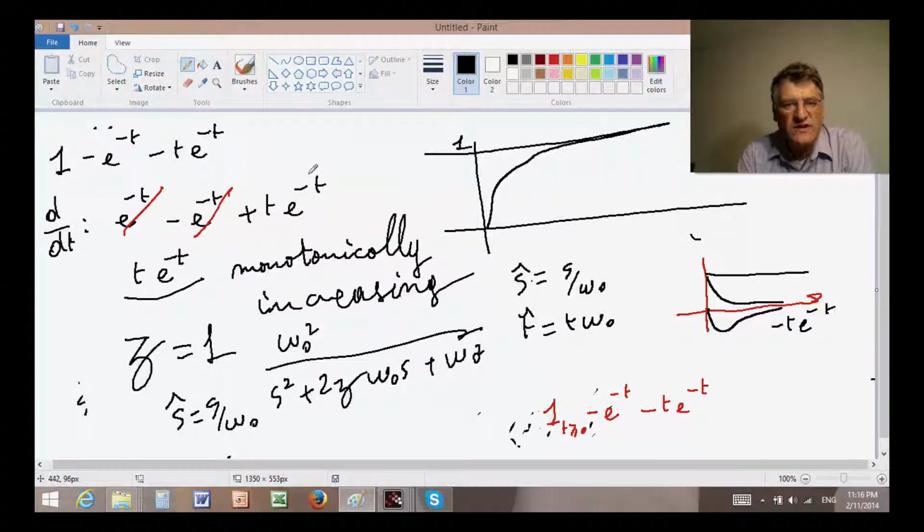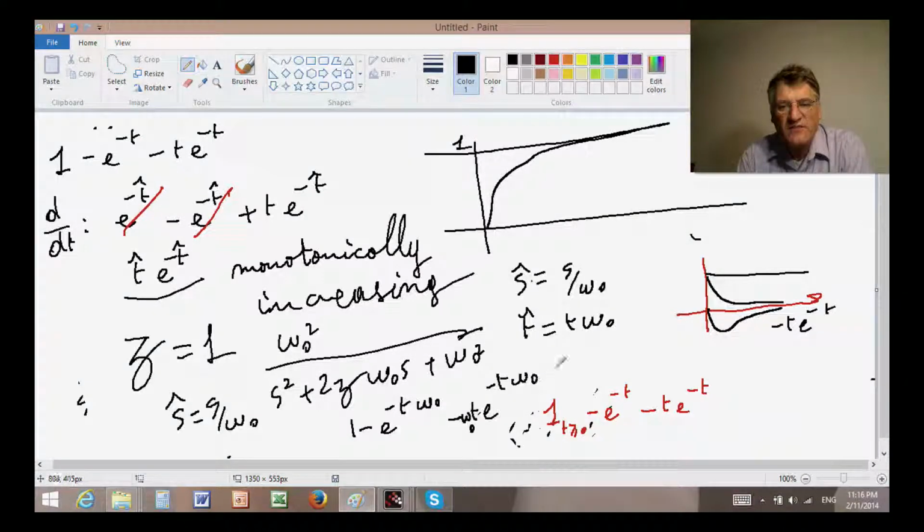So really the response that we have here is in terms of t hat, and therefore our response is really not just a t term, but it will be 1 minus e to the minus omega 0 t minus omega 0 t e to the minus omega 0 t.